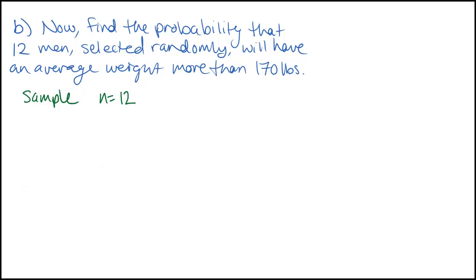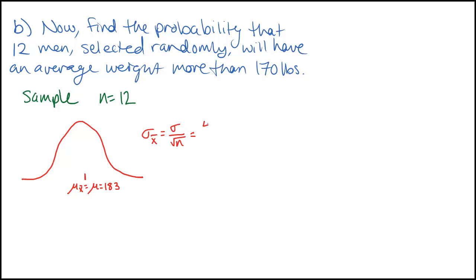Now, what the central limit theorem tells us is that the sample means will be normally distributed, with the mean of those samples being the same as the mean of the population, which in this case was 183. But the standard deviation of these sample means will be the population standard deviation over root n.